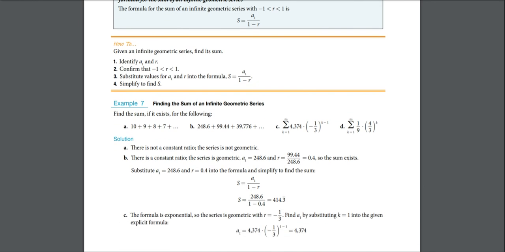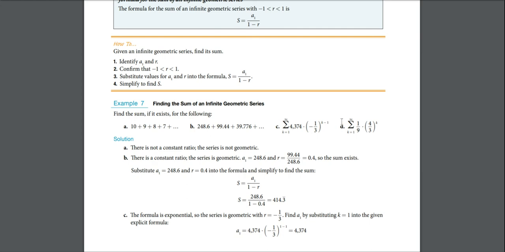So looking at that, this series is not geometric, so we can't use the formula. Note again that we can't find an r for this one because it is not geometric. So we couldn't use the formula on this one.